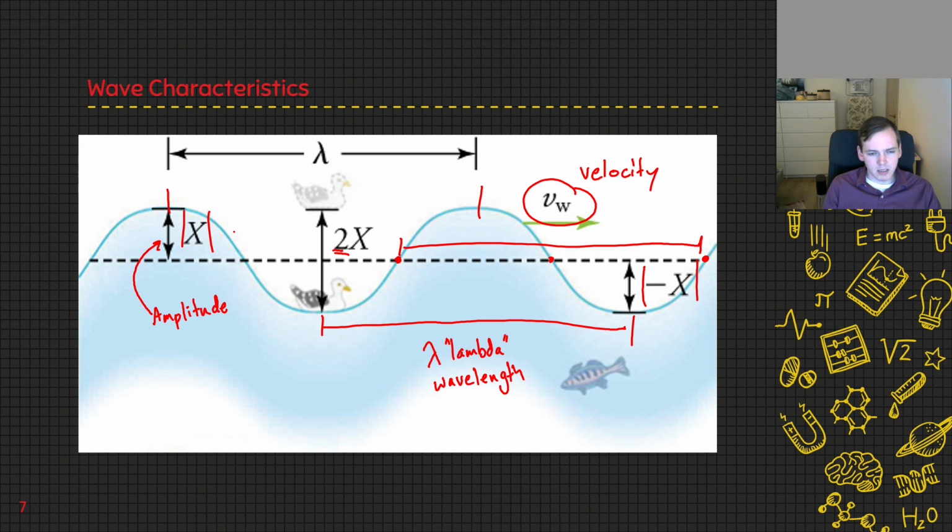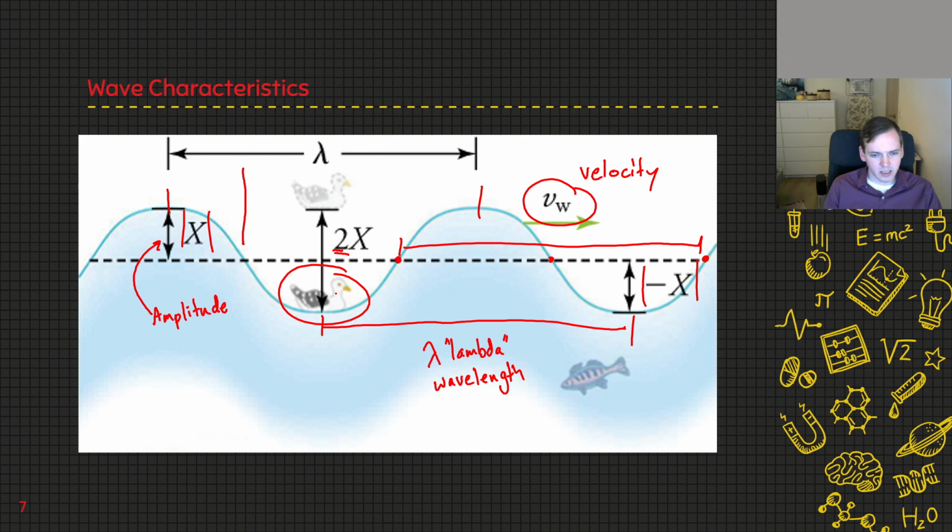Frequency and period, we can imagine if there's, let's actually imagine the seagull here. So frequency would be if the seagull's counting, say, to 10 seconds, and they count how many times do they go up and down. Because each time they go up and down, that's a wave. So going up, coming back down, that's one wave has passed.